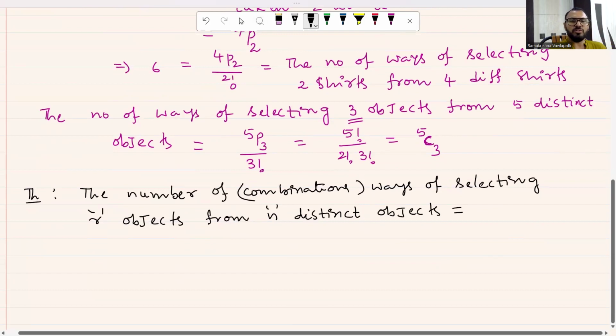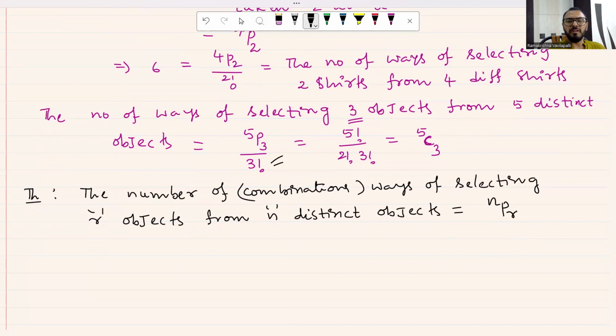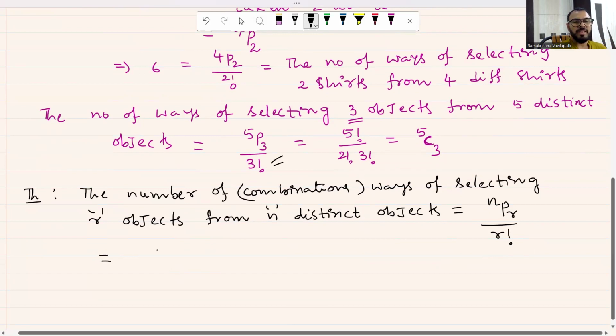Equal to, according to this formula, nPR by R factorial. This further we write as n factorial by n minus R factorial by R factorial. This we represent as nCR.